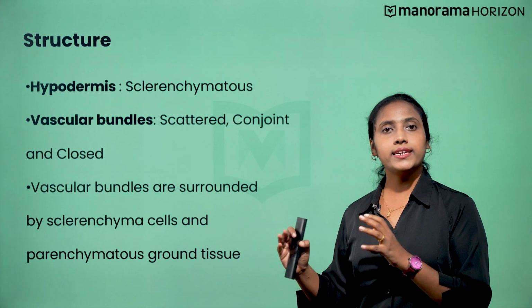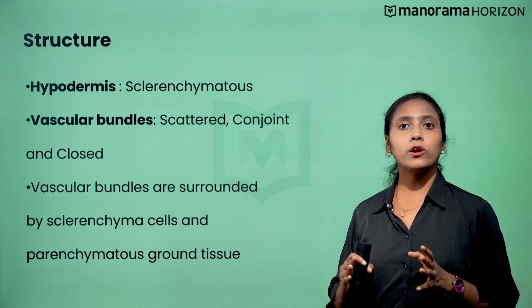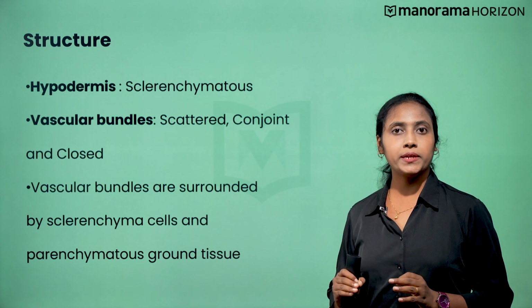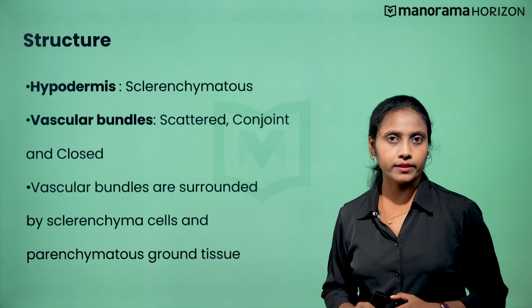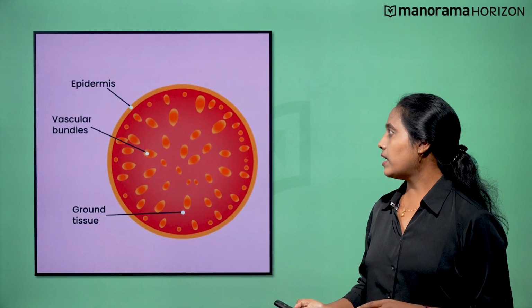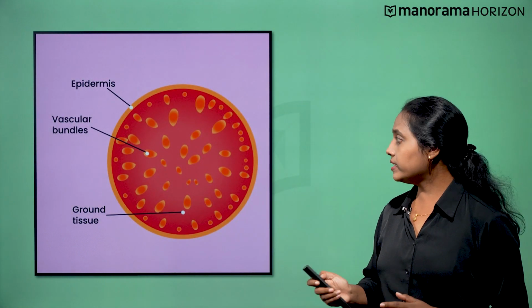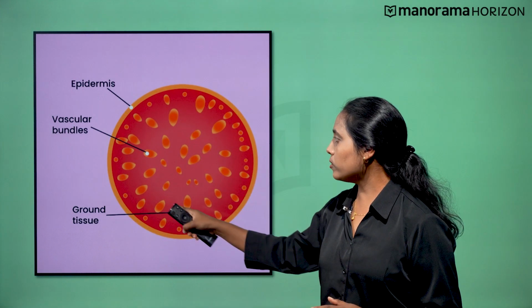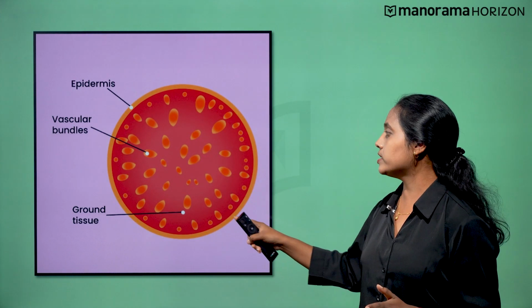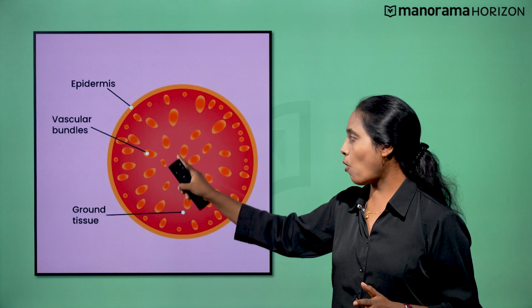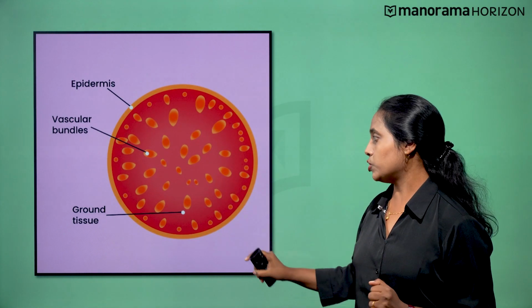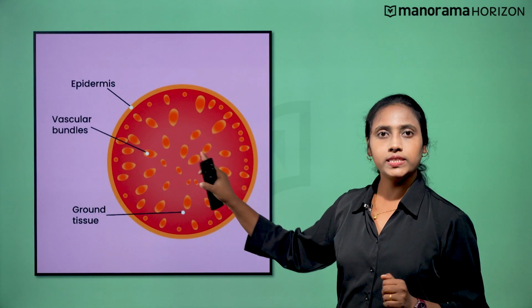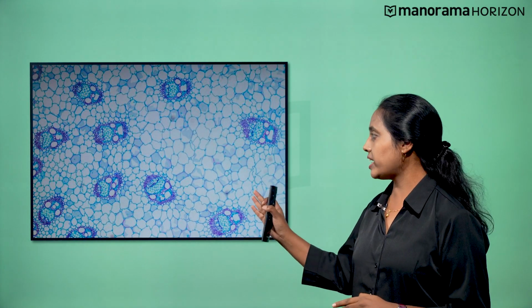Phloem parenchyma is absent, while water containing cavities are present within the vascular bundles. As you can see in this image, the vascular bundles are numerous and are scattered all over the ground tissue. Here, the pith is absent. This image shows the cross-section view of a monocot stem under the microscope.